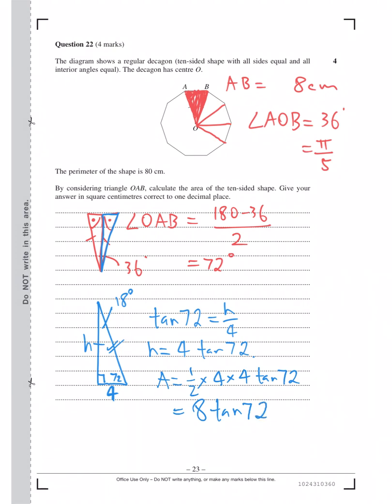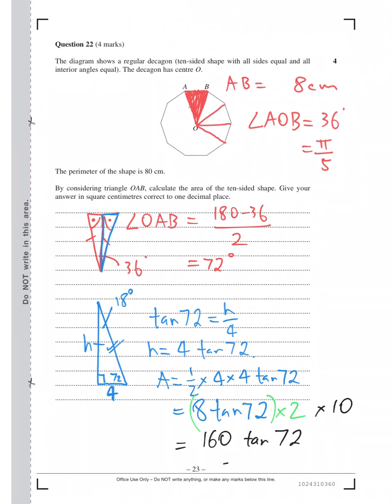Now, to find the area of triangle AOB, I would multiply that by 2. Now, to find the area of the whole 10-sided shape, I would then take that number and multiply it by 10. So that means I'm going to be finding 160 tan 72 is my area.